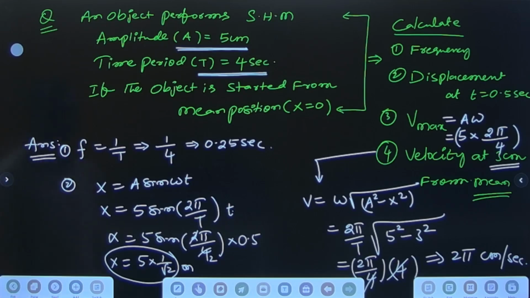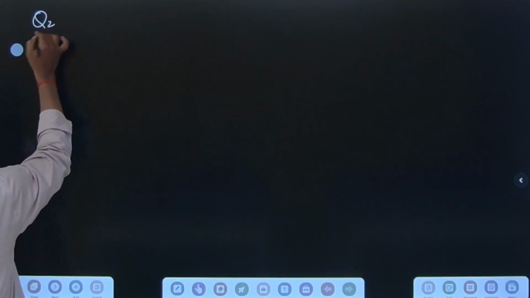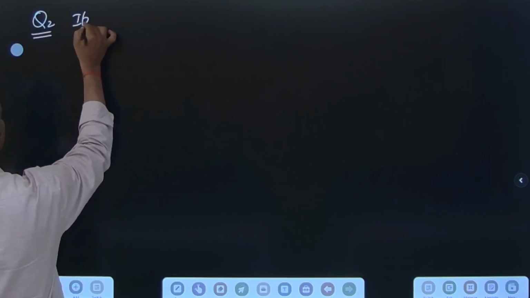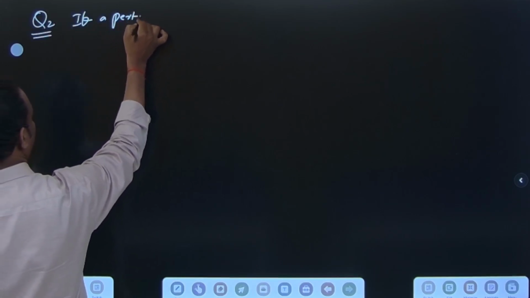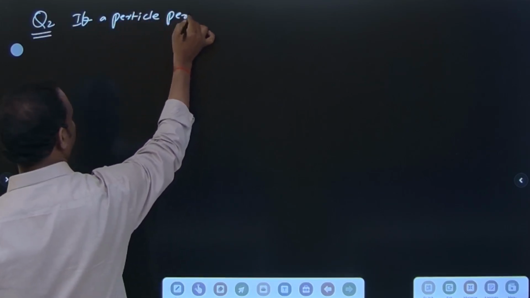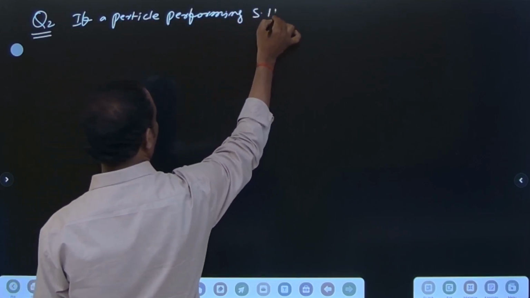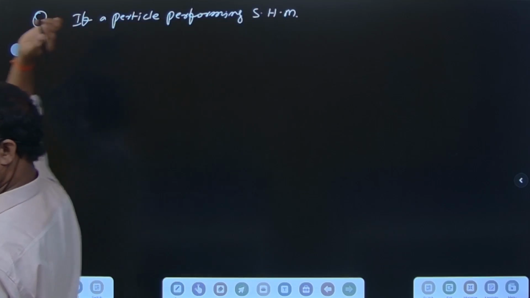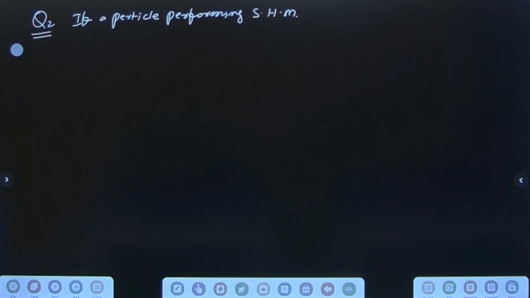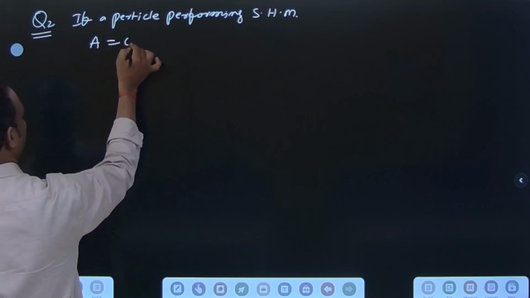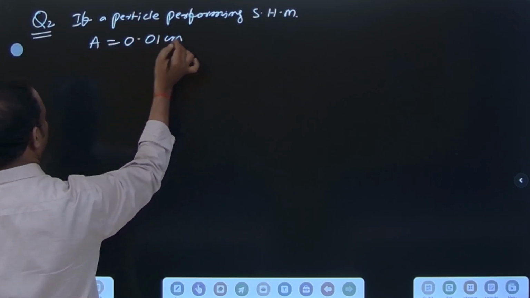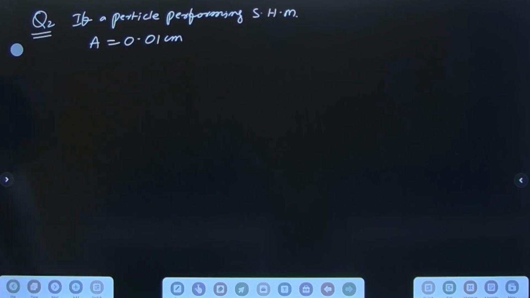Next model question, question number 2, based on this. Same thing. If a particle is performing SHM, be careful about the question. It is performing SHM, amplitude and frequency are given. Its amplitude is 0.01 centimeter.